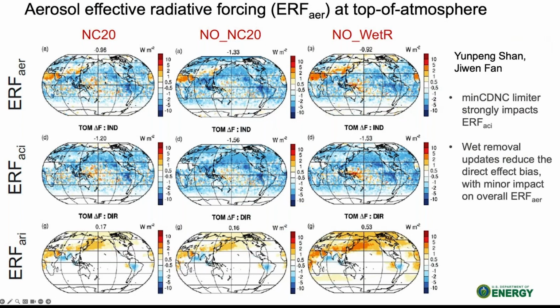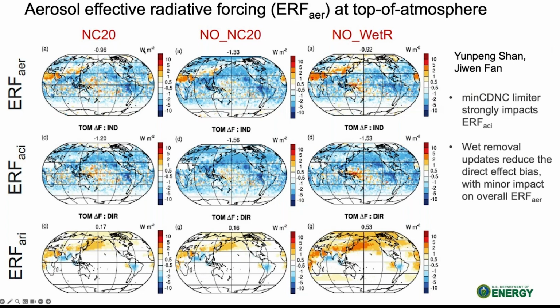At the left, for a case, and these are from an intermediate development version of E3SM from last year in the summer, the left-hand case is showing a version with a lower bound on the cloud droplet number concentration of 20. The middle case is showing the removal of that lower bound and what the impacts of that are on ERF aer, and the right-hand side is showing the impacts of the wet removal.